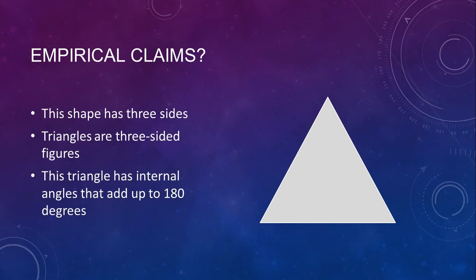Yeah? So when you say this shape has 3 sides, you're including the picture as part of the argument, right? Or the statement, right? Yeah. I guess so. So you definitely need to know the reference of this. But I guess what we're asking is, given that this has the reference of that, is this statement empirical or not? Yeah. So the way the sentence is structured does not affect if it's an analytic or synthetic claim. Because for instance, if I say this triangle, I'm pointing to a particular object.